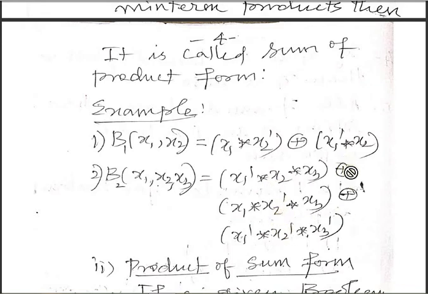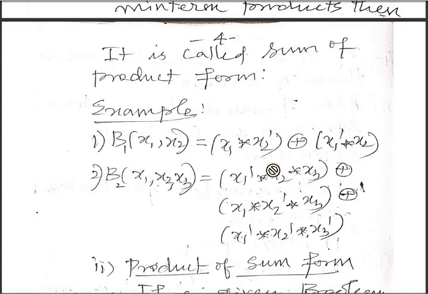What we do is join them here. This product joined with this product, joined with this product, or this product sum this product sum this product, or sum of products, or join of meets, we can say.